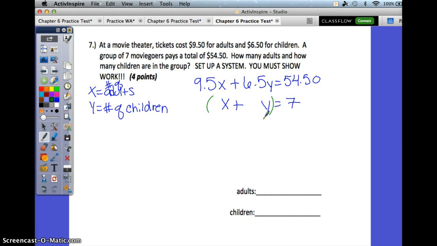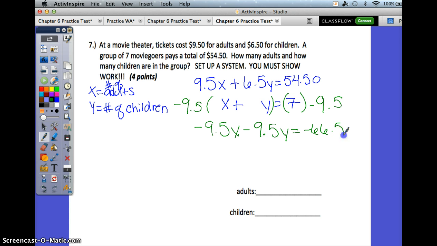I thought, well, I'm going to go ahead and get rid of my x, so I'm going to multiply both sides by negative 9.5. Whenever you multiply both sides by negative 9.5, you get negative 9.5x minus 9.5y equals negative 66.5.